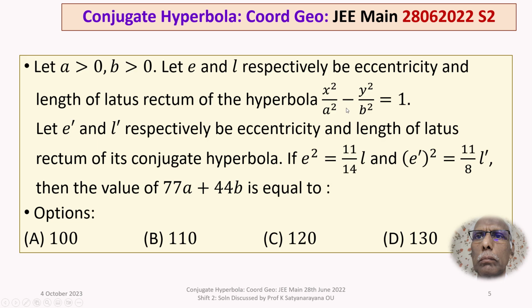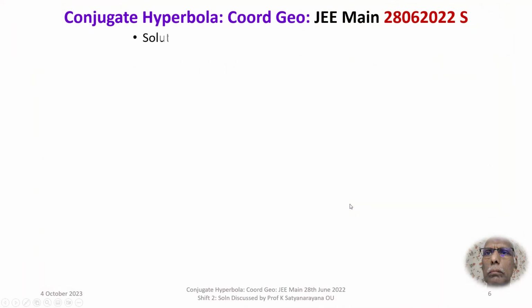It is given that E square is equal to 11 by 14 L and E prime square is equal to 11 by 8 L prime. We are required to find the value of 77A plus 44B. We have A greater than 0, B greater than 0.